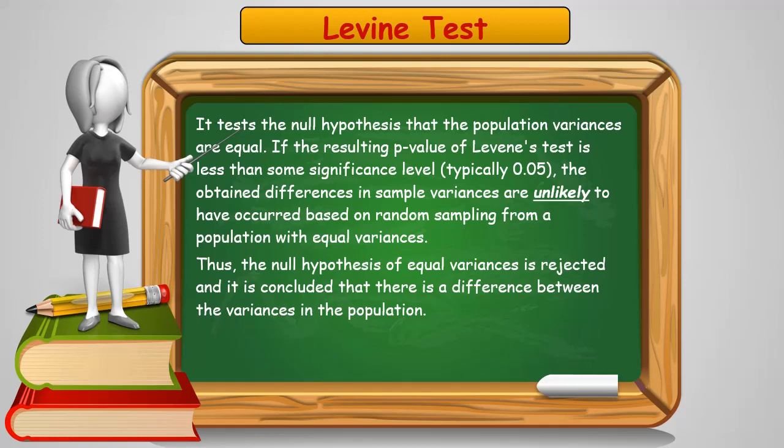Thus, the null hypothesis is rejected. So in other words, if the p-value is less than 0.05, then these population variances are not equal, and we can work under that assumption, and it'll help us choose which value to look at in KNIME.